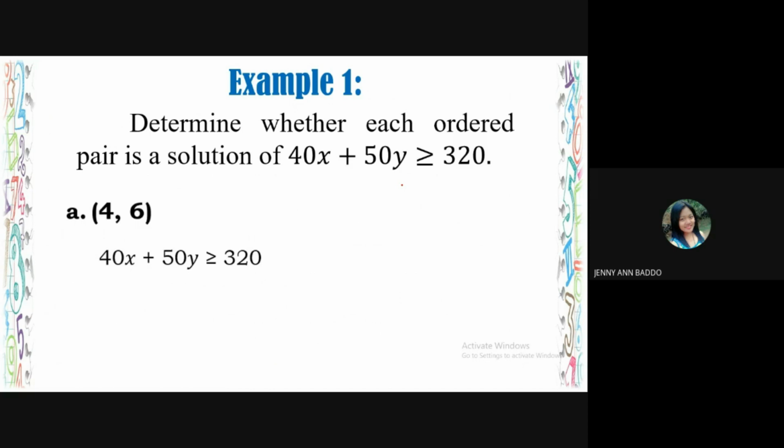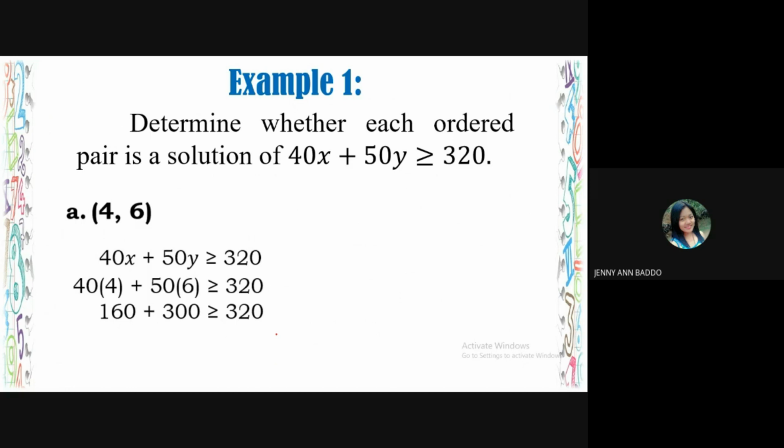So we now have 40 times the value of x, which is 4, plus 50 times the value of y, which is 6, is greater than or equal to 320. Simplifying, we now have 40 times 4, it's 160, and 50 times 6 is 300, is greater than or equal to 320.